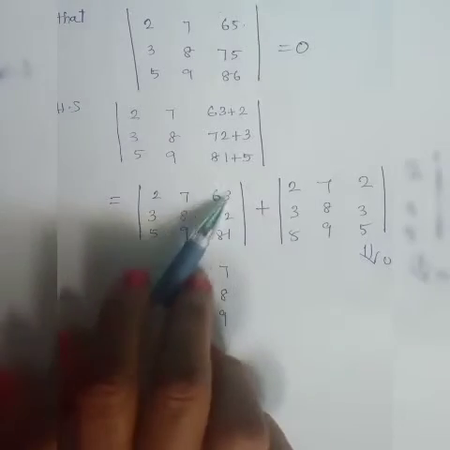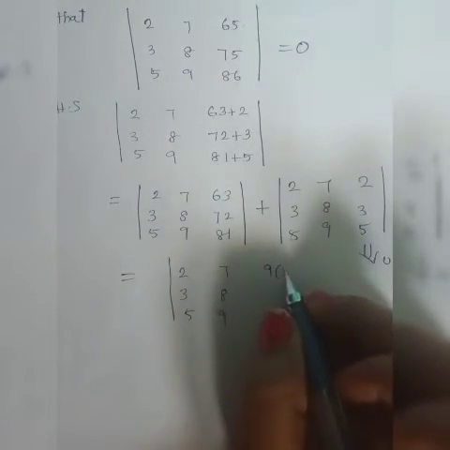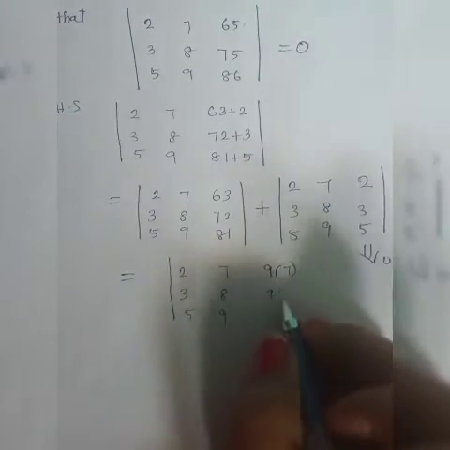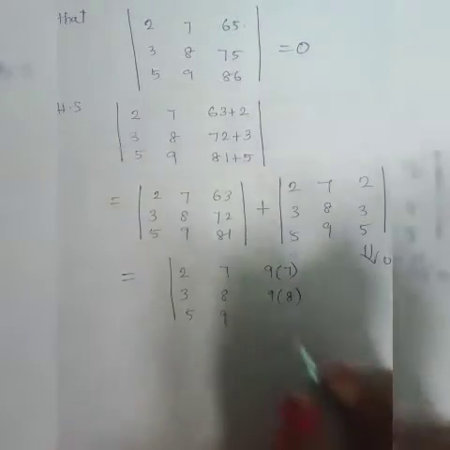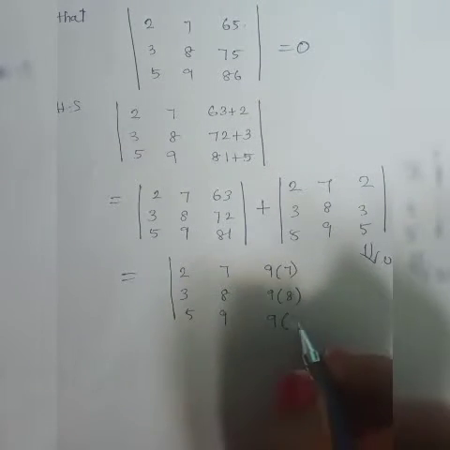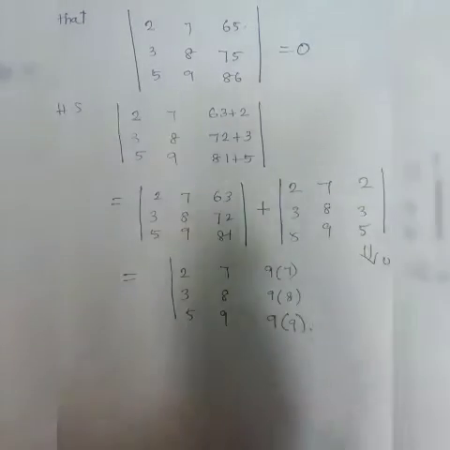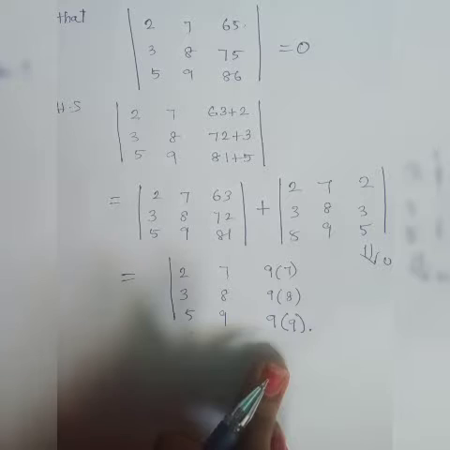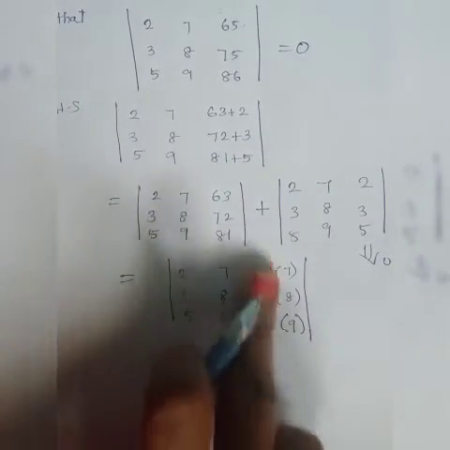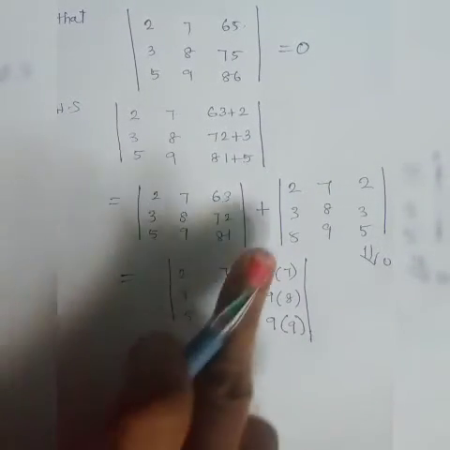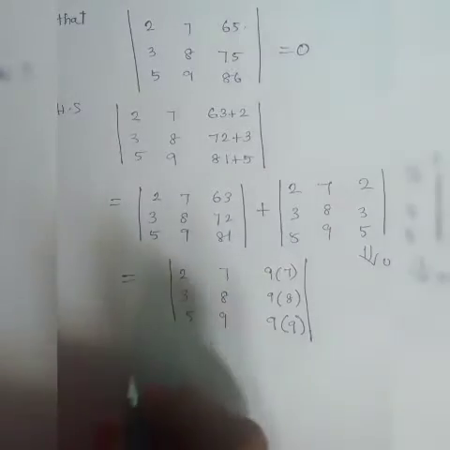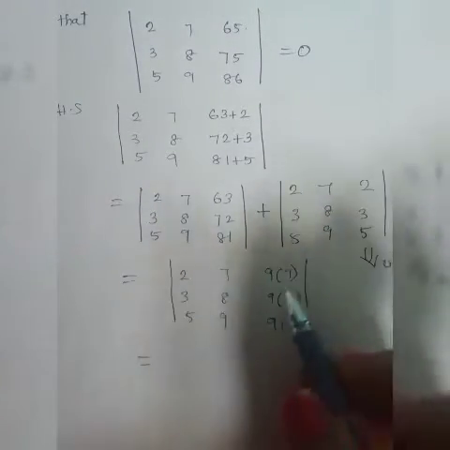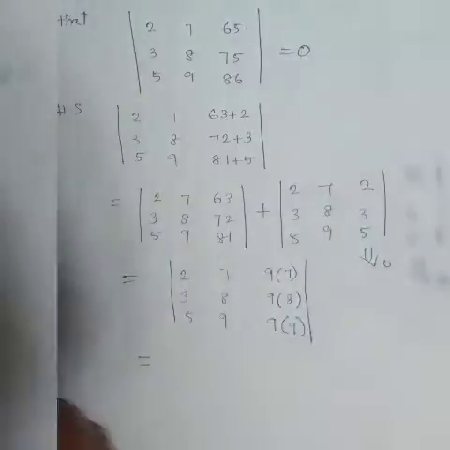Now we have the determinant of 2, 3, 5, 7, 8, 9, 63, 72, 81. Of course, we can write 63 as 9 times 7, 72 as 9 times 8, and 81 as 9 times 9. Again, we can make use of another property, that if any column or row is multiplied by a value k, then the determinant value is also multiplied by k, so I can take 9 outside from the column.